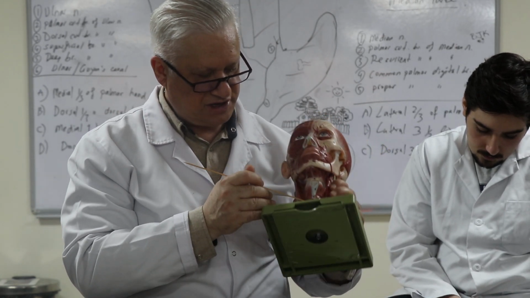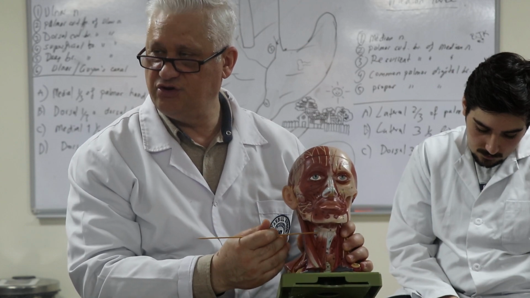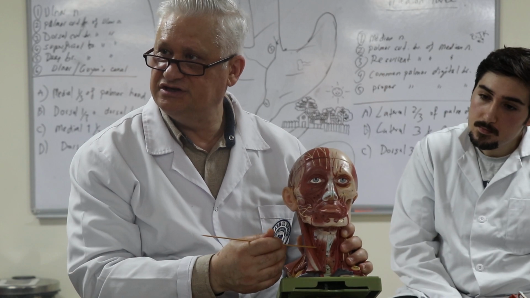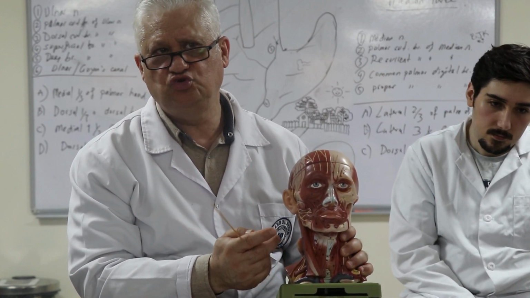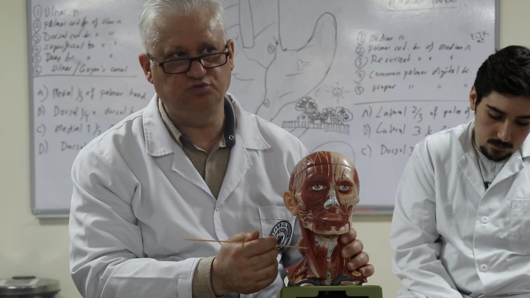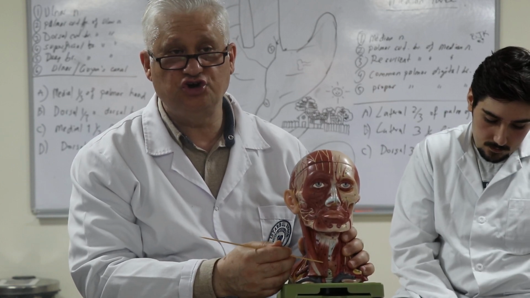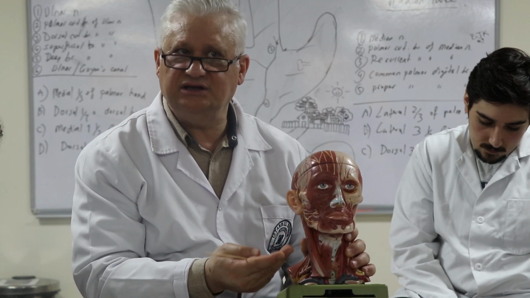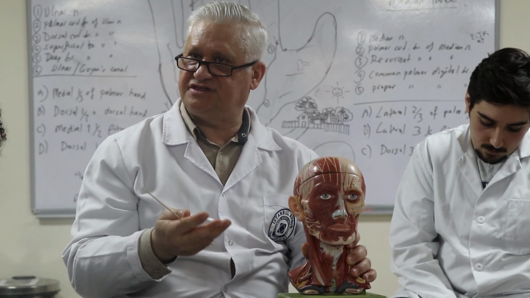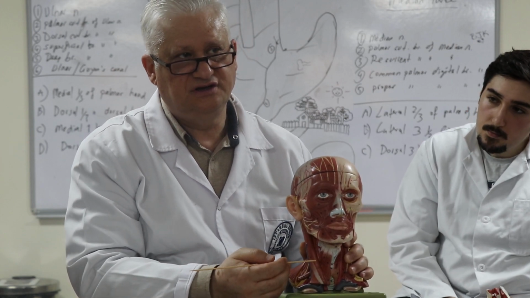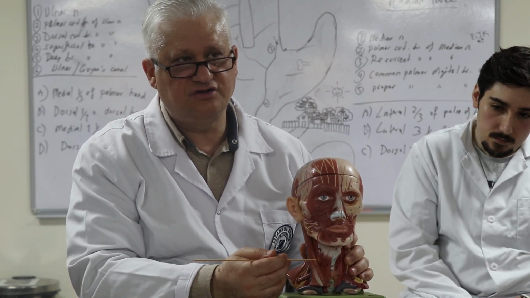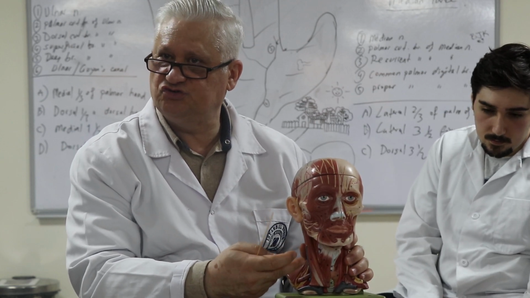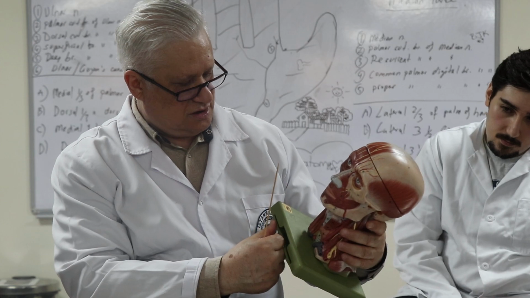And then we have the sternothyroid, thyrohyoid, and omohyoid. Two of these are superficial and two are deep. Which are superficial? Sternohyoid and omohyoid. The other two are beneath these two, which are the sternothyroid and thyrohyoid. These two are beneath these two muscles.